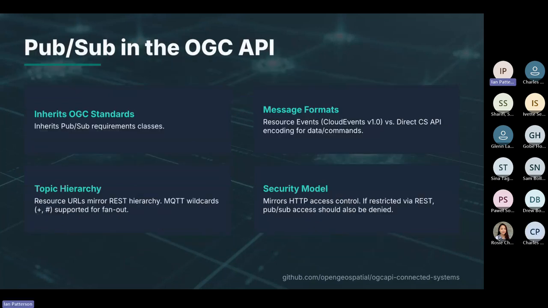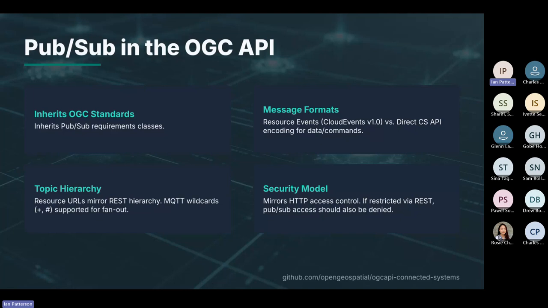So PubSub and OGC API Connected Systems, the main thing here is that it inherits the OGC standards from PubSub, from that working group, and it provides two different formats for messages, because there are inherently two different types of messages that we are looking at presenting over MQTT or whatever other pub sub broker you have.